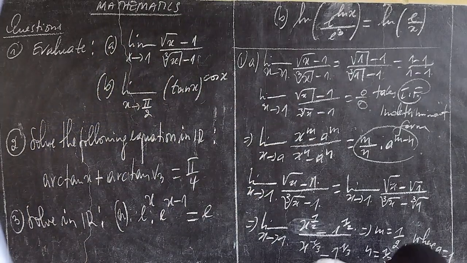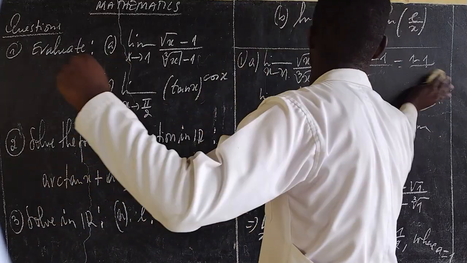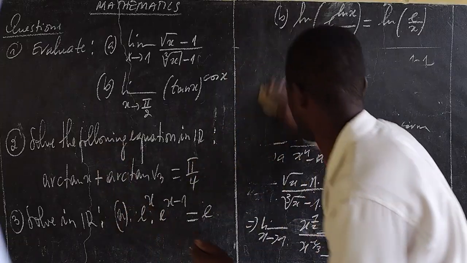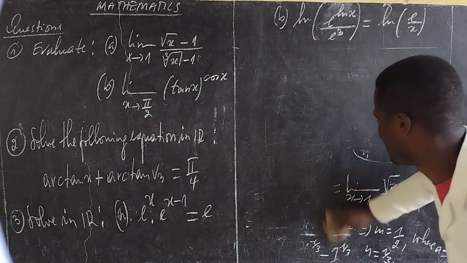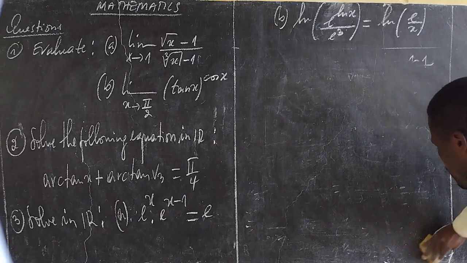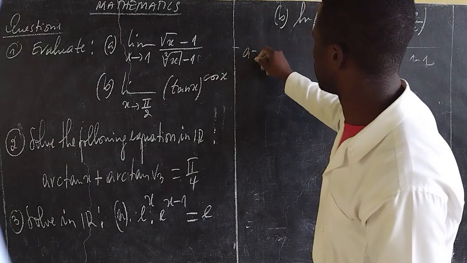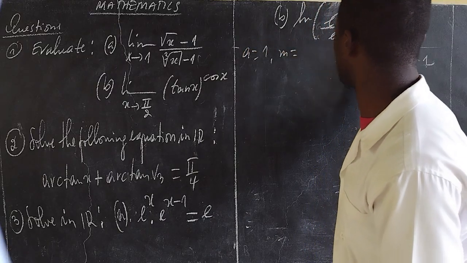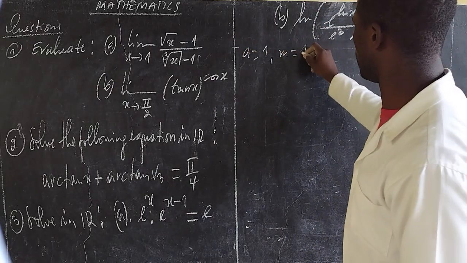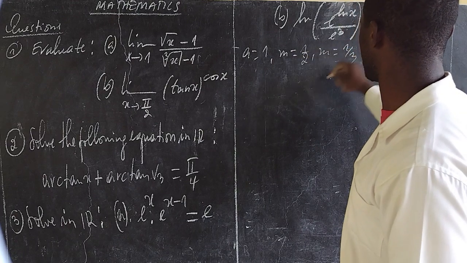So the value of a is equal to 1, m is equal to 1 over 2, and n is equal to 1 over 3.